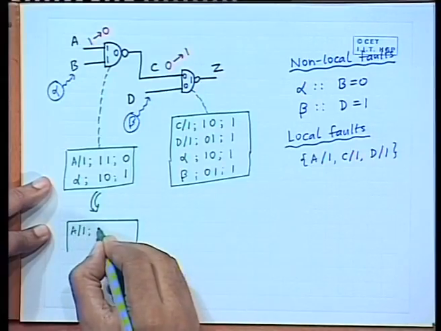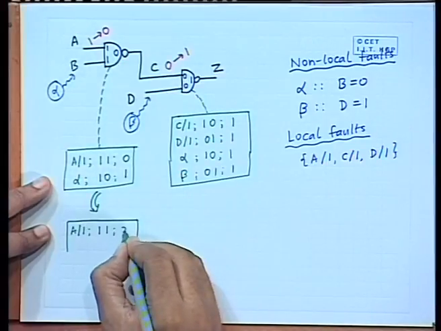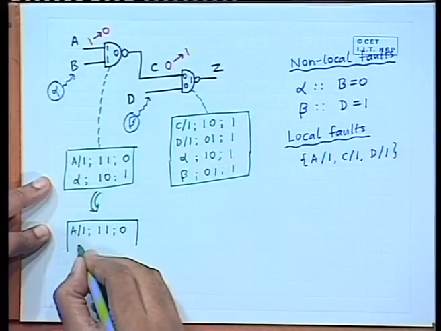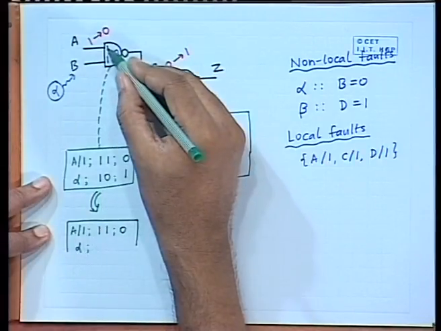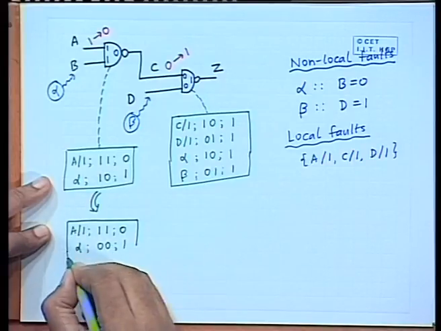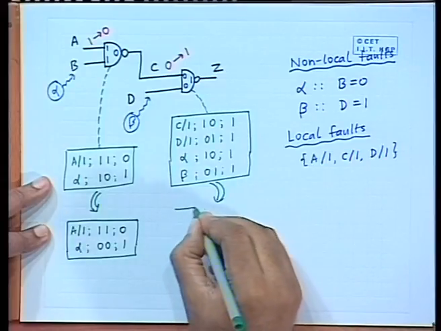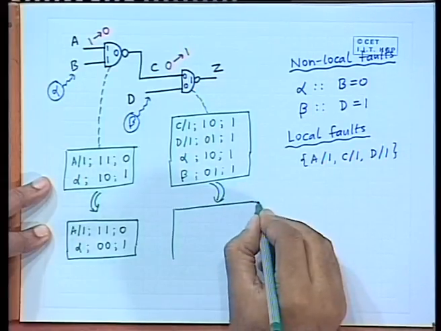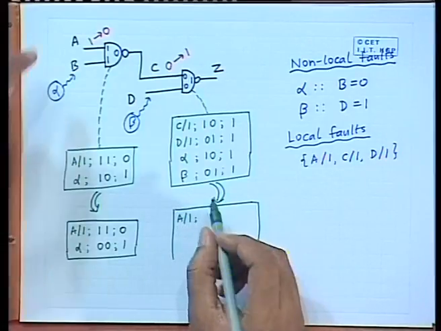A stuck at 1, this will again remain 1 1 because A is stuck at 1, 0, this will not change, but this alpha will change, 1 0, it will now become 0 0. Similarly, for this fault list, the modified one will be A stuck at 1.